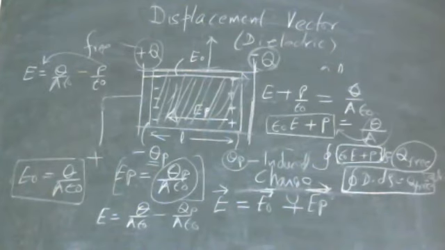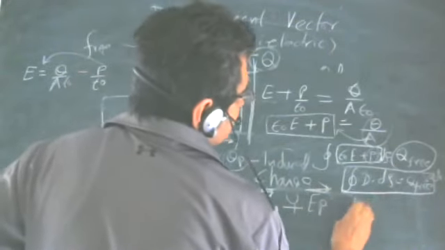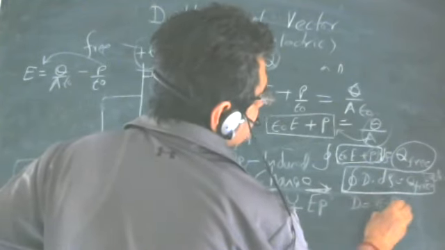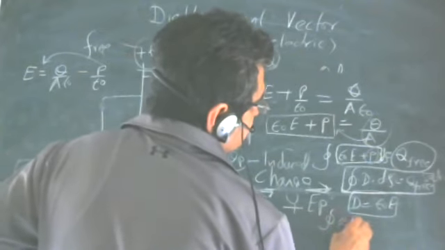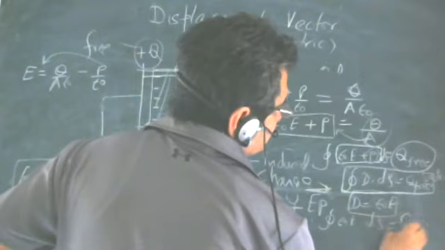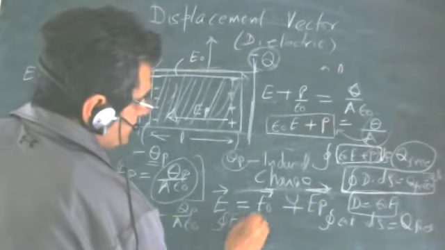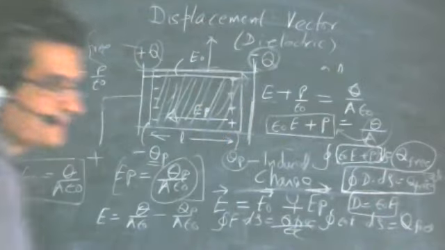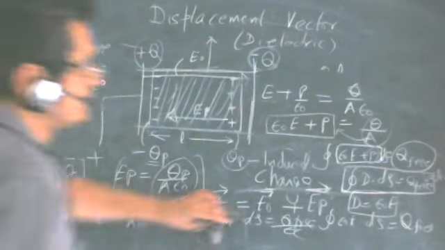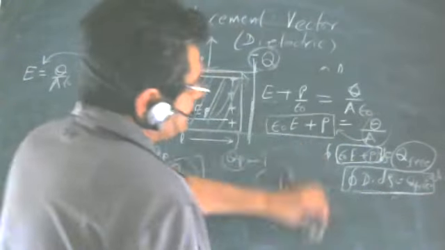Now suppose that there is no dielectric, then P is 0. When P is 0, D is equal to epsilon0 E. And if you place it here, you get epsilon0 E dot dS is equal to Q free, which is the simple Gauss law. E dot dS is equal to Q free upon epsilon0. So what needs to be remembered here is the concept of displacement vector.